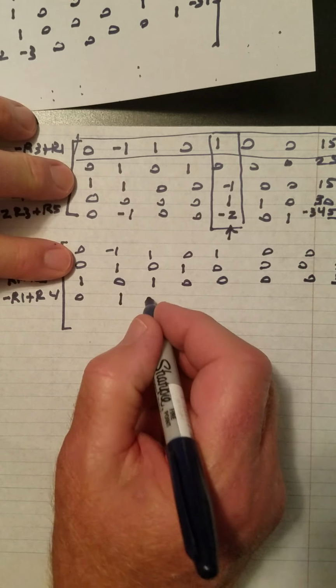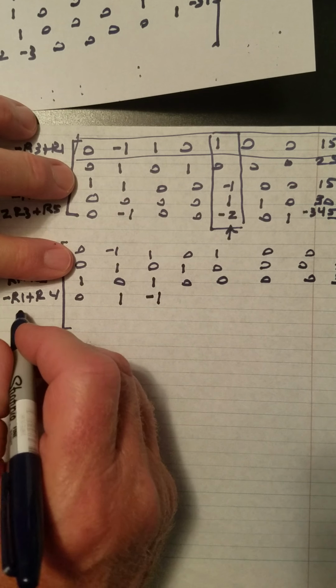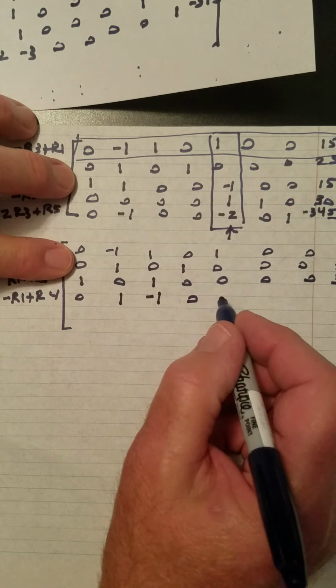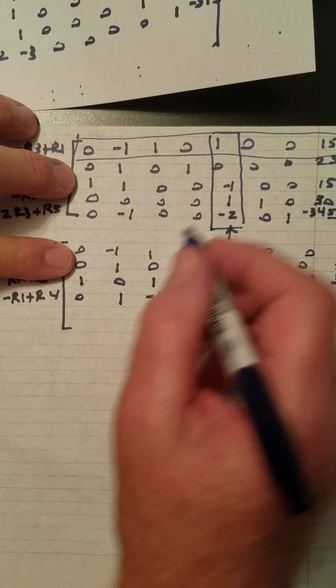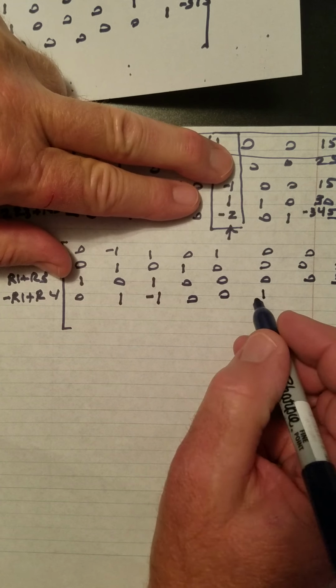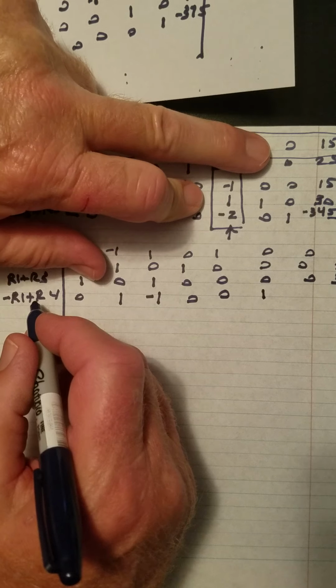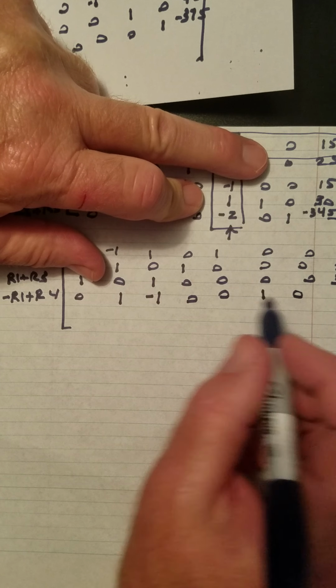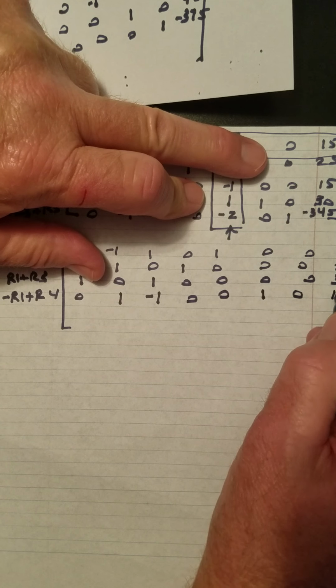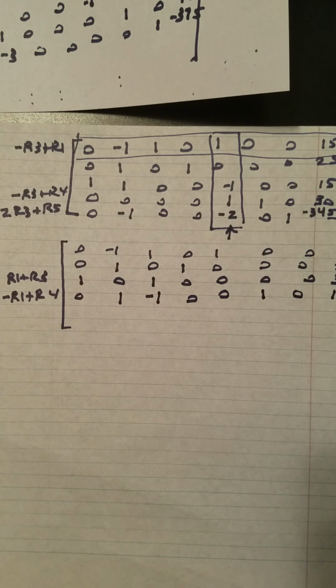Negative 1 plus 0 is negative 1. 0 and 0 is 0. Negative 1 and 1 is 0. Negative 1 times 0 is 0, plus 1 is 1. Negative 0 plus 0 is 0. And then negative 15 plus 30 is 15.